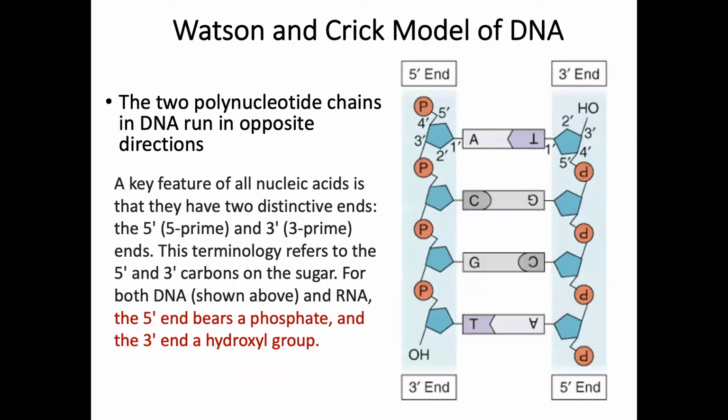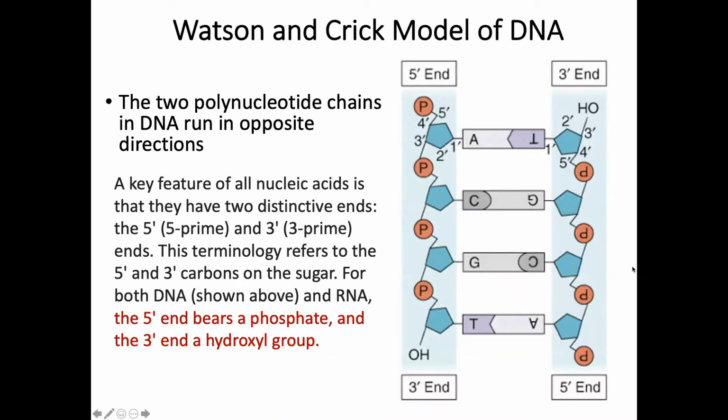I have mentioned that DNA has 2 ends, a 5' end that bears a phosphate, and a 3' end that has a hydroxyl group. We'll use these directions a lot in future lectures. But remember, the 2 polynucleotide chains in DNA run in opposite directions.